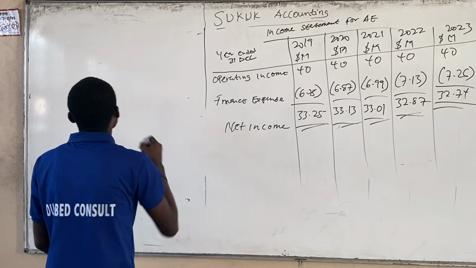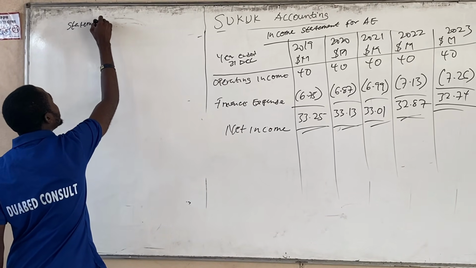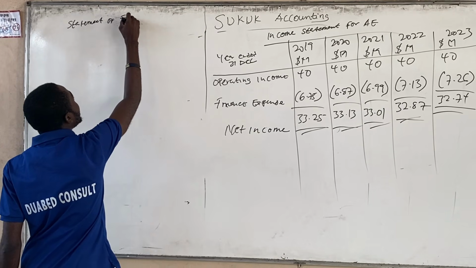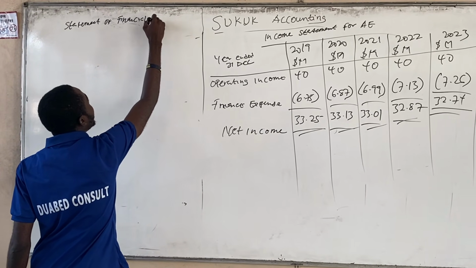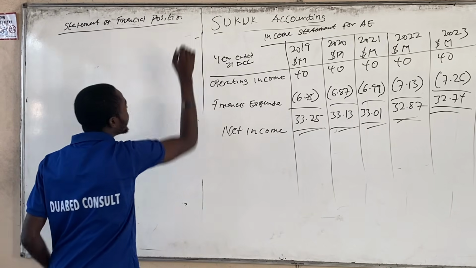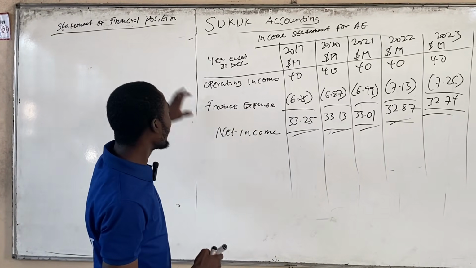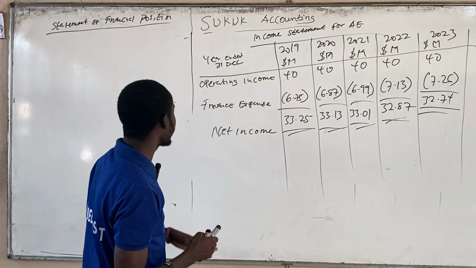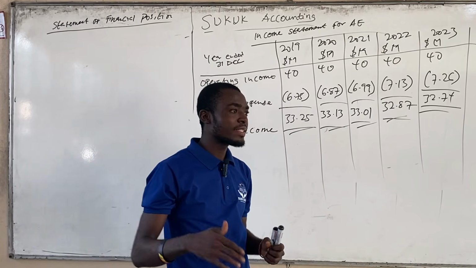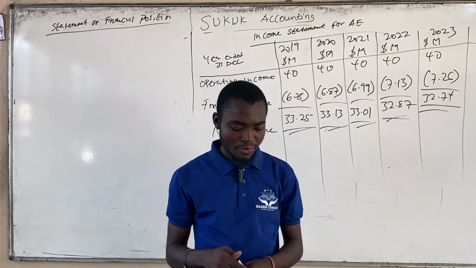Okay, so we start with the statement of financial position. For this one, we are going to prepare for 5 years, so there is no need for us to write statement of financial position as at this, since we are coming to prepare for 5 years.